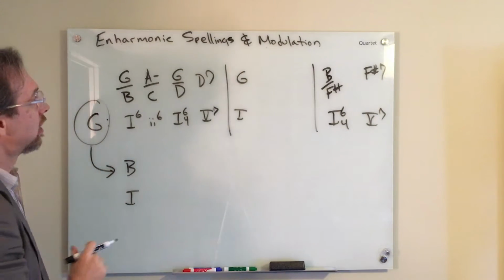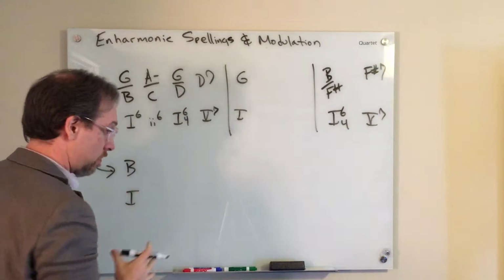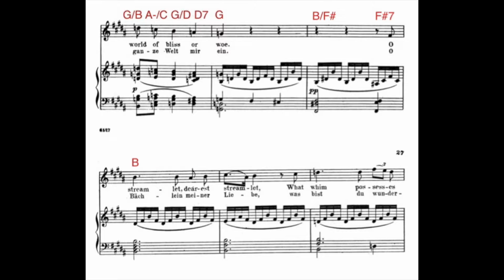So how did we go from the key of G to the key of B? How did we make that? And it happens right here in this measure. We have on beat 3, G, D, E sharp, just an arpeggio with the B in there.